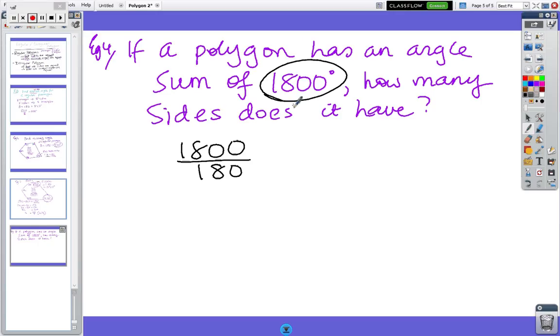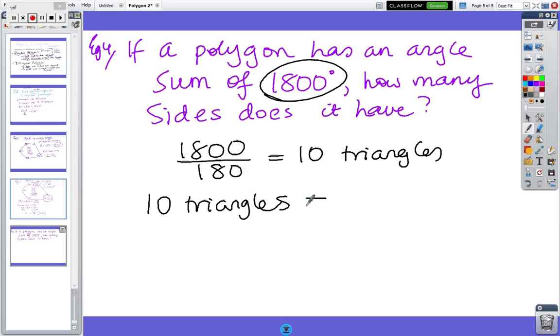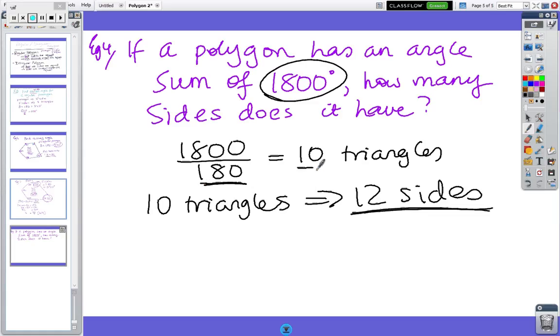And what I worked out, just using the calculator, is that I've got 10 triangles in this shape. And if I've got 10 triangles, I must have 12 sides. So this particular polygon has 12 sides. Okay, so you work out how many triangles by dividing by 180. Once you've got the number of triangles, you just add 2 to the number of triangles, and that's how many sides you've got. Okay, and that's it.